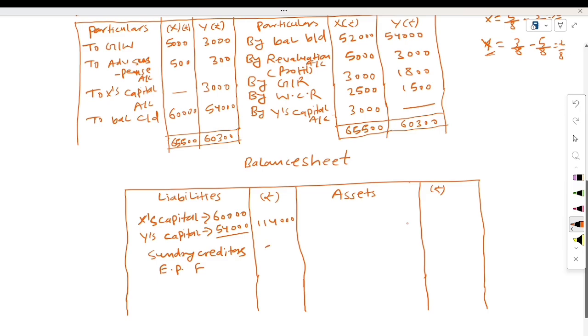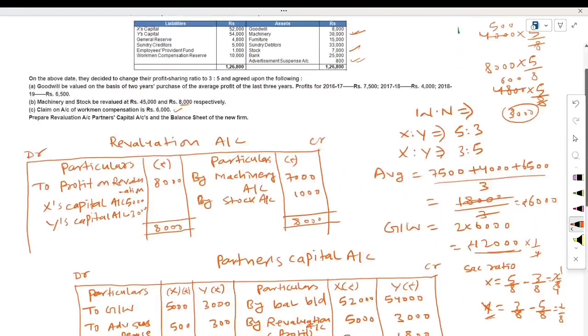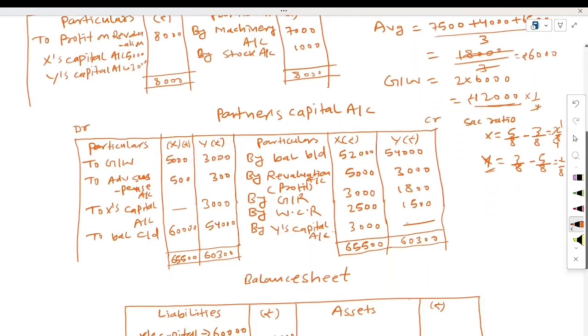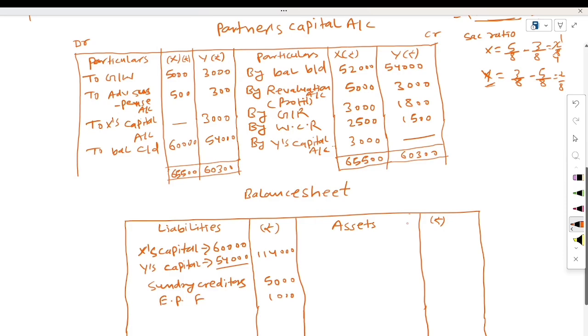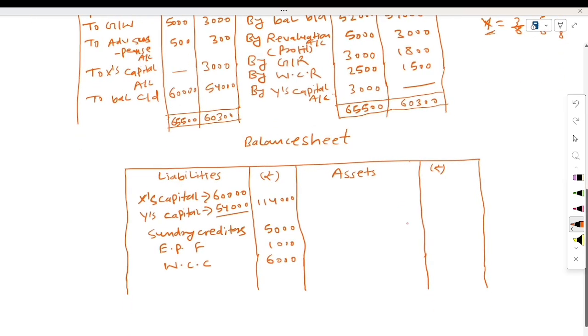Sundry creditors was how much? 5,000, and employees provident fund was how much? 1,000, I think. Yes. And we have to write also the workman compensation claim. How much the workman compensation claim was? 6,000. We will write here in the liability side also 6,000. This is all about the liability side.